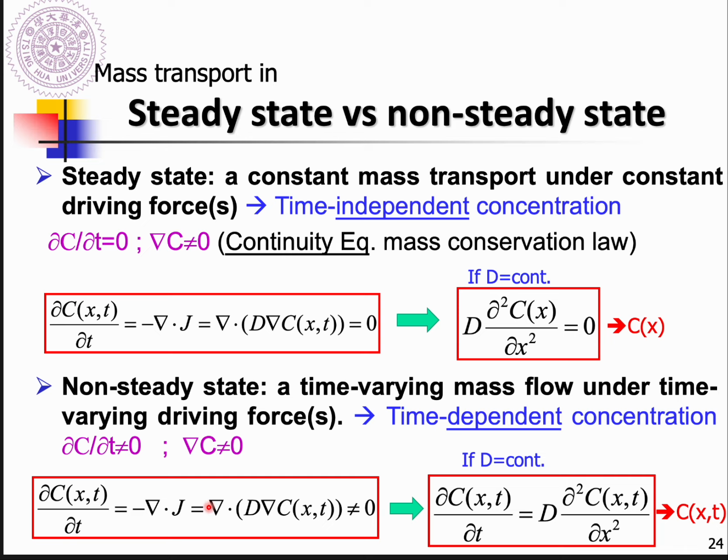So what we have is a differential equation with two parameters, x and t. As long as you solve this equation, you will know how the concentration of diffusing atoms changes with location and time. So this is the other example of mass transport in steady state and non-steady state.